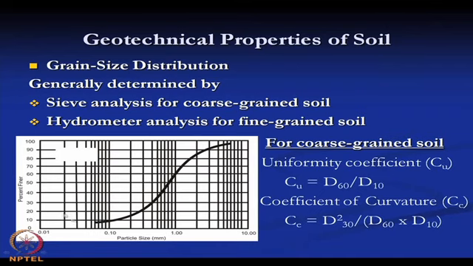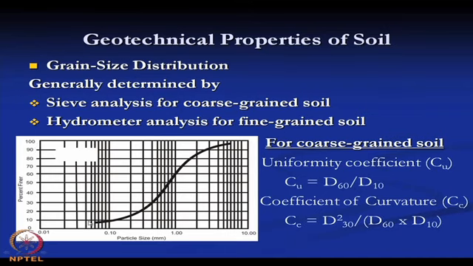Suppose this particle size is 0.8 millimeter; then the amount of particles less than 0.8 millimeter is 50%. So, that is the percent finer on the y axis.